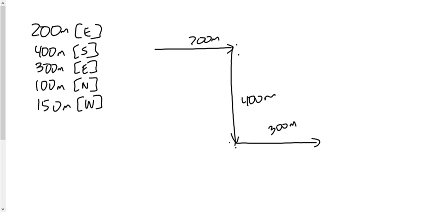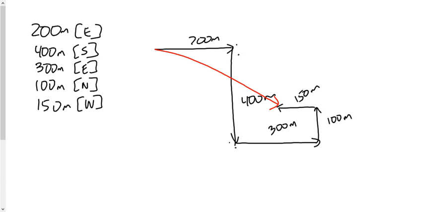Head to tail. Then we have 100 meters to the north. And then we have 150 meters to the west. Is that good? They're all drawn head to tail? Absolutely. It's not a triangle, let alone a right angle triangle.